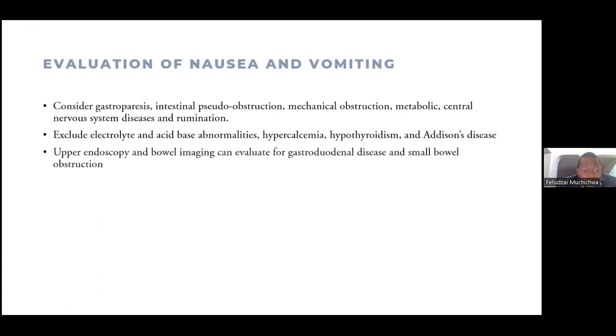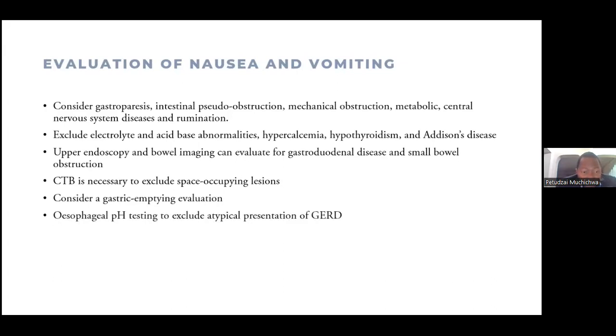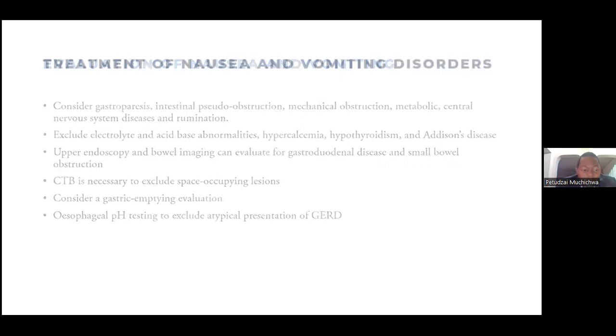An upper endoscopy and bowel imaging may be needed to evaluate gastroduodenal disease and small bowel obstructions. CT brain, as I said earlier, is quite necessary to exclude space-occupying lesion that may present with vomiting. And then we should also consider doing studies for gastric emptying. Esophageal pH testing to exclude an atypical presentation of gastroesophageal reflux disease.